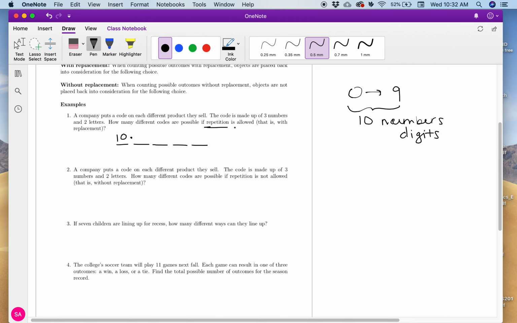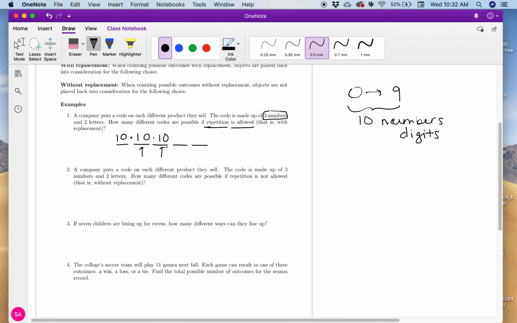Repetition is allowed. So I could pick the same number 3 times. So for this second option, we still have 10 digits to choose from, from 0 to 9. For this third option, once again, we have 10 digits to work from because we can repeat digits if we want. So that makes up our 3 numbers.